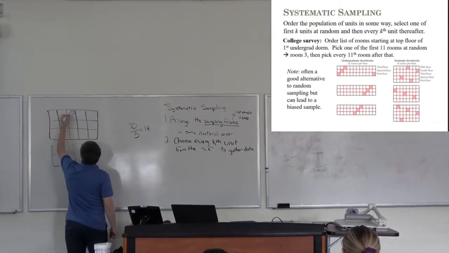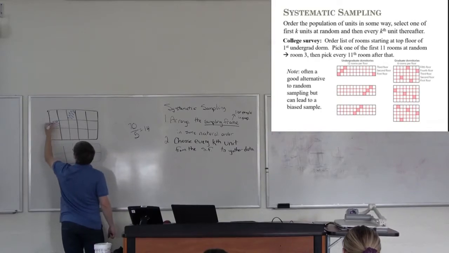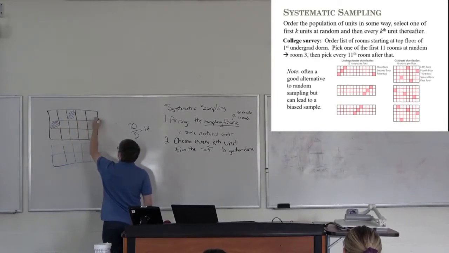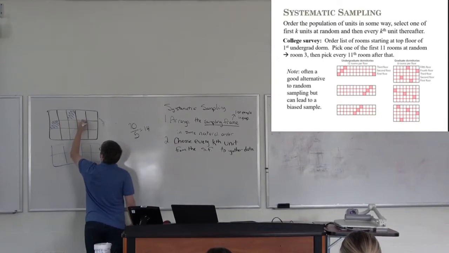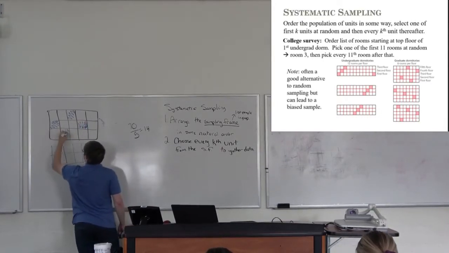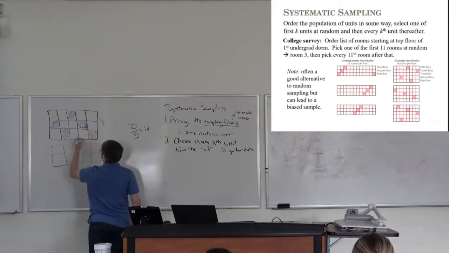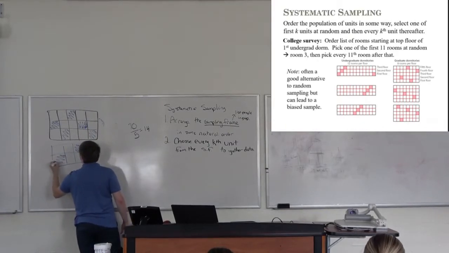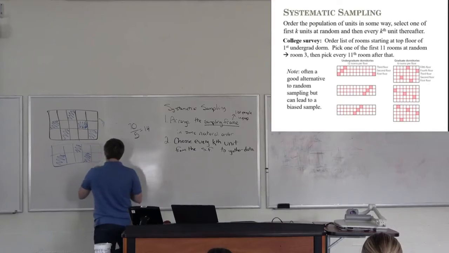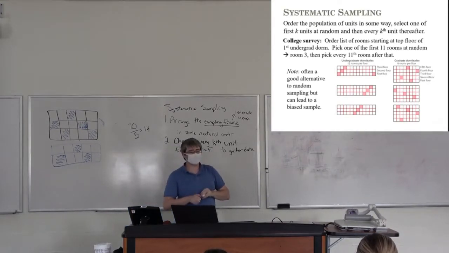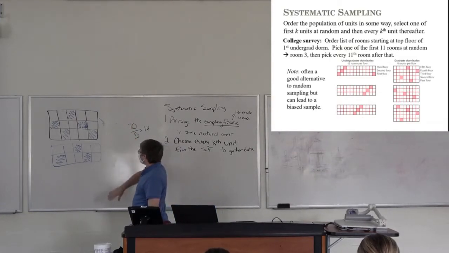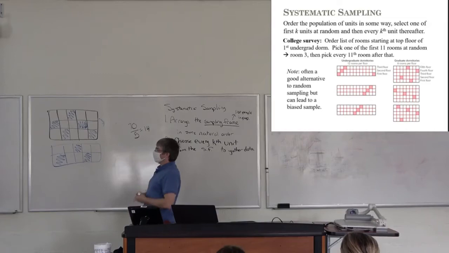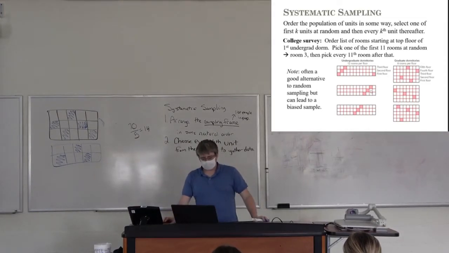So 1, 2, 3, 1, 2, 3. And the order is going like this, where I go down this row and keep going left to right. So 1, 2, 3, 1, 2, 3, 1, 2, 3, and 3. I've gotten to the end of my sampling frame, and now I'm done with my sampling. Out of these here, I have 3, 4, 8 people, 5 from undergrad and 3 from grad.